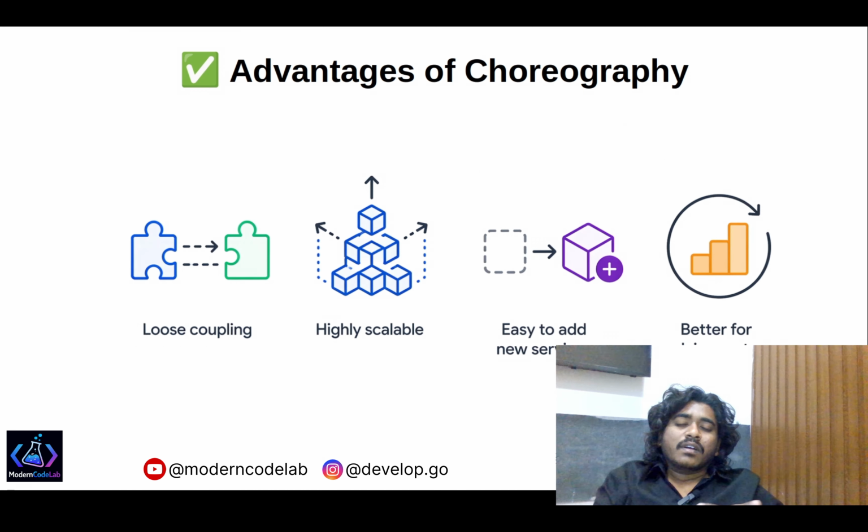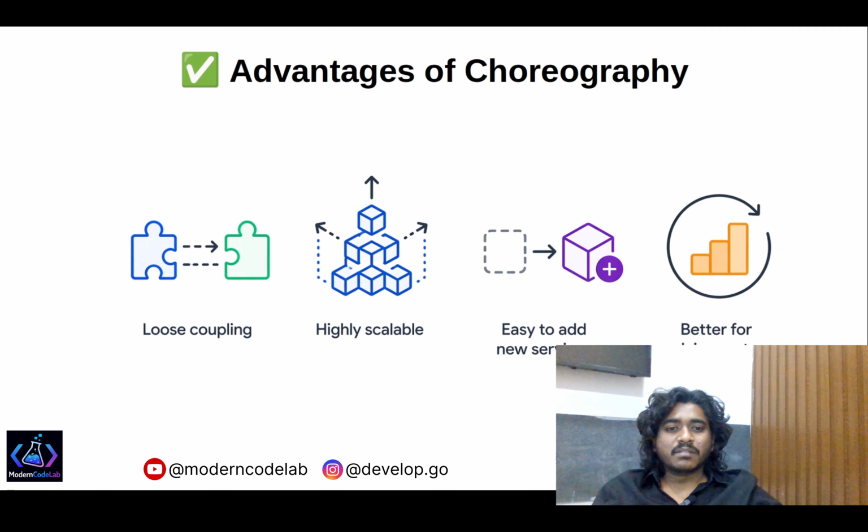Now, let's discuss the advantages also. It is very loosely coupled compared to orchestration. Orchestration is very tightly coupled, because there is some centralized thing that controls everything. But when it comes to choreography, it is very loosely coupled. Each service has its own functionality to perform, so there is no dependency. And it is highly scalable.